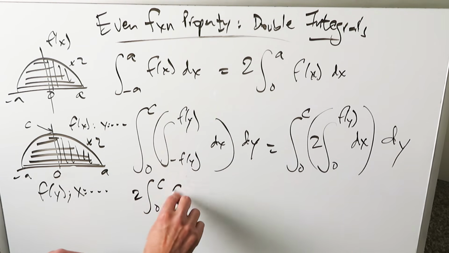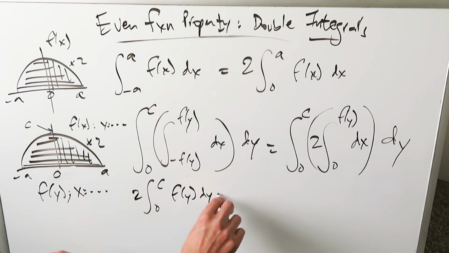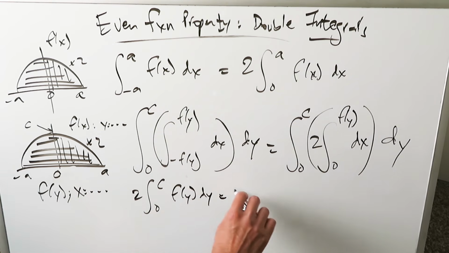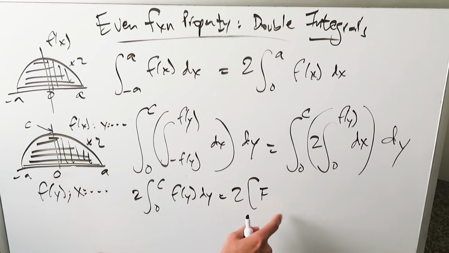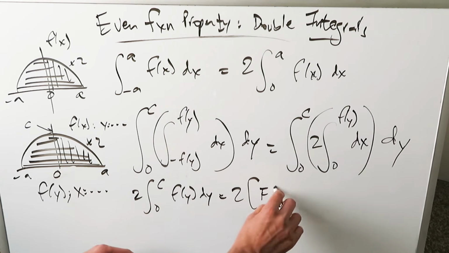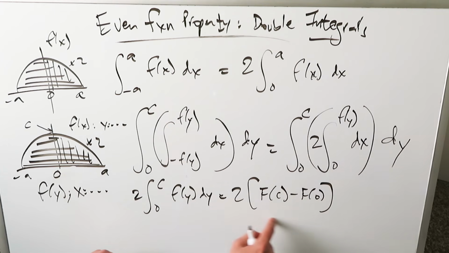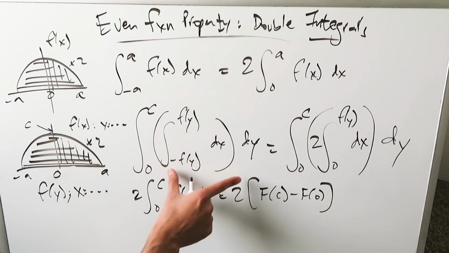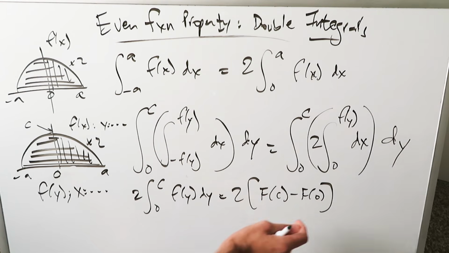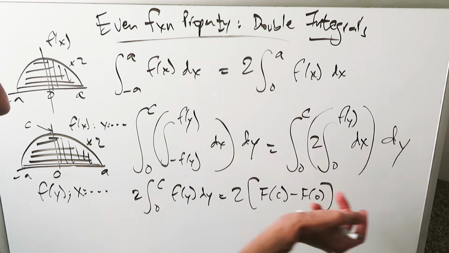You'll have 0 to c of f of y dy. You can do the antiderivative in terms of a capital letter F with the upper limit c minus capital F with the lower limit 0, and this would represent the end result from here, the left hand side and the right hand side. I'm just not showing you this side because it's exactly the same.